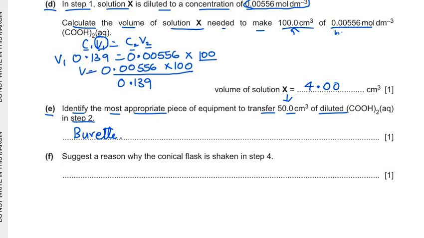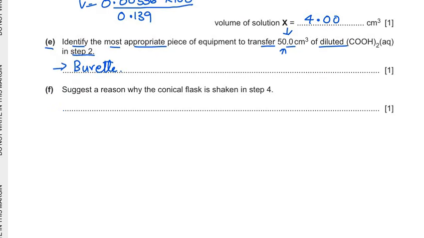Why not a pipette? A pipette is also accurate, but we don't have a pipette for 50 centimeter cube. Generally it is like 5, 10, 20 and 25 only. So either we can use 25 twice, but it's better to use a burette directly, which will directly give us 50 centimeter cube of solution.